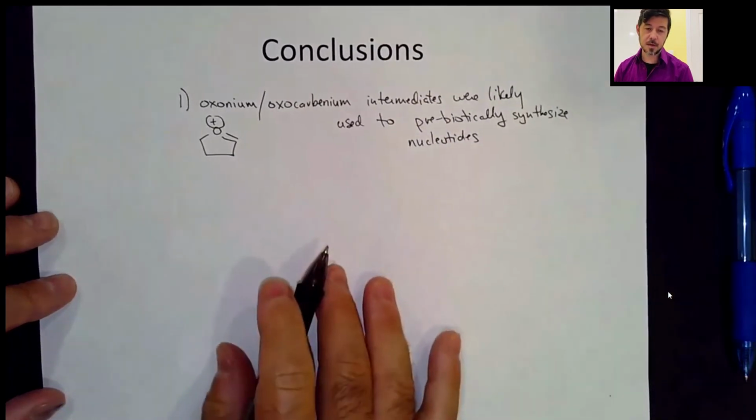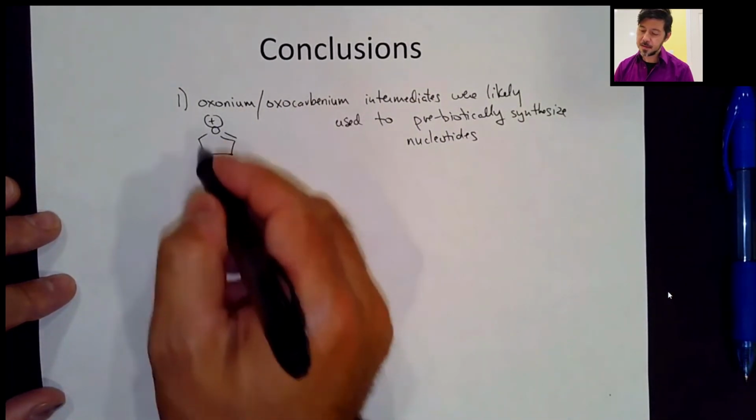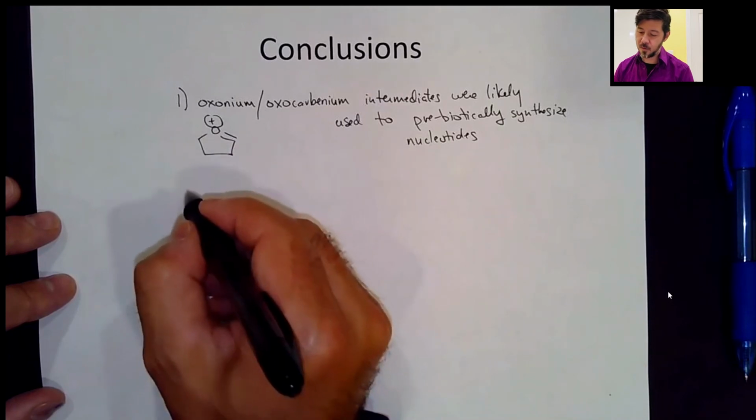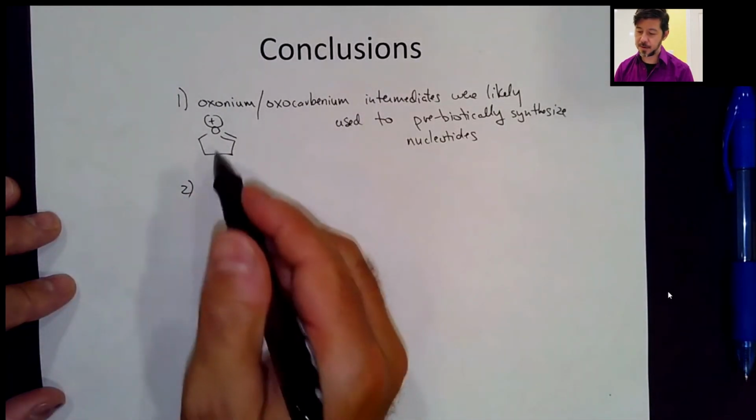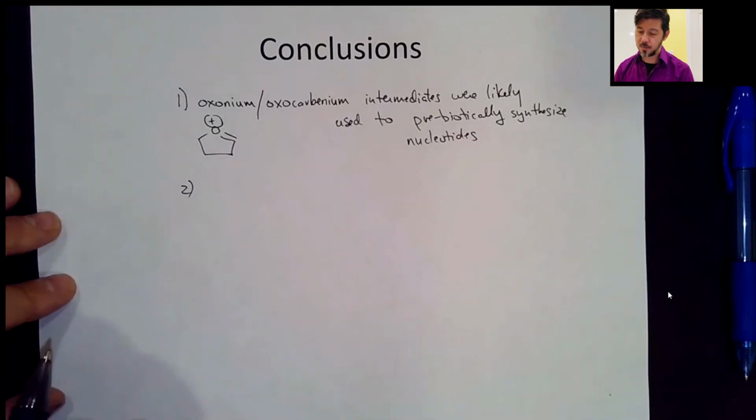Okay, so this type of intermediate afforded an electrophilic form in order to get reactions to happen at that 1' carbon.